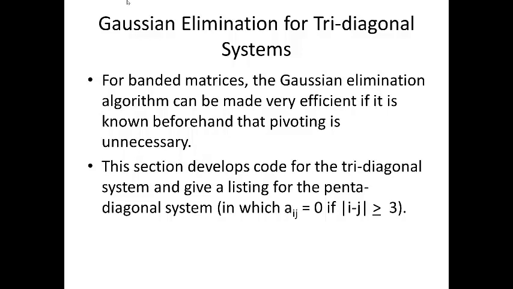Section 2.3 of the book develops code for the tri-diagonal systems and gives a listing for the penta-diagonal system, in which case you have a sub ij is 0 if the absolute value of i minus j is greater than or equal to 3, which means you can't be further than 2 away from the diagonal. This situation occurs often enough that it can justify its own special procedures, which are more efficient than the Gaussian elimination from section 2.2.